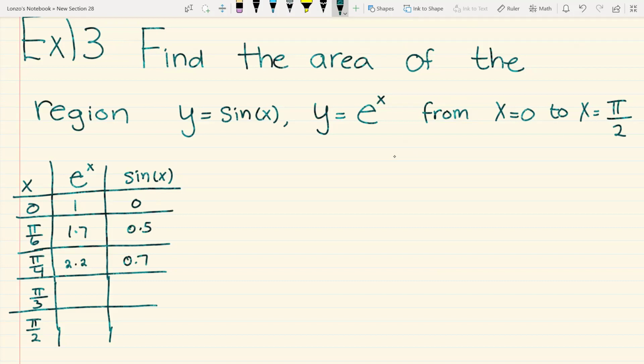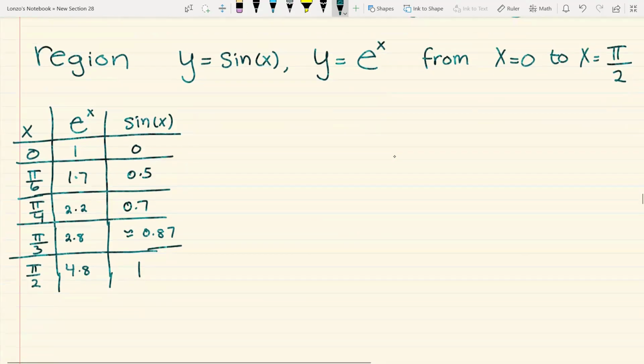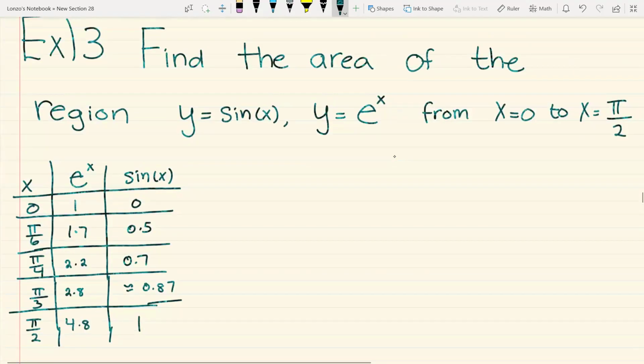Pi over 3, e to the pi over 3 is about 2.8. Sine of pi over 3 is exactly radical 3 over 2, but in decimal it's about 0.87. And then the next one is pi halves, which is about 4.8, and then 1. Go ahead and put it in your graph.